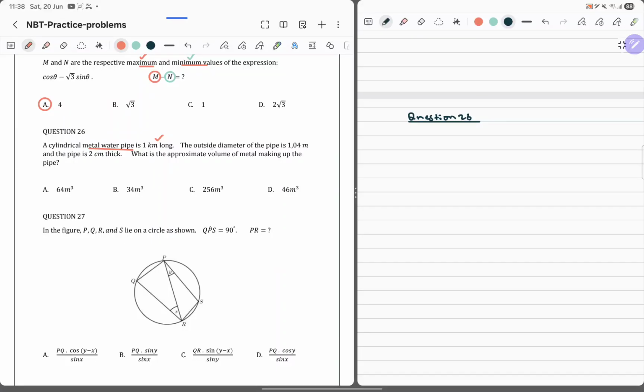The outside diameter of the pipe is 1,04 meters, and the pipe itself is 2 centimeters thick.